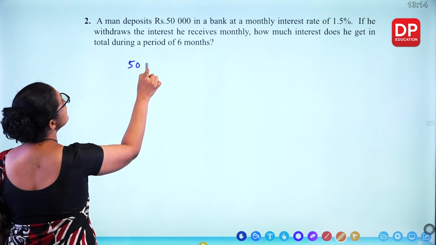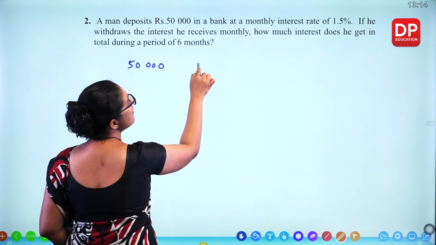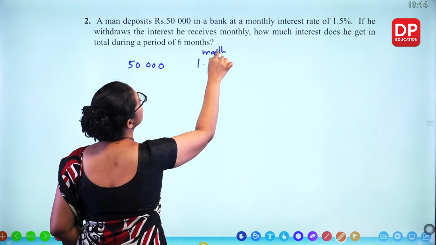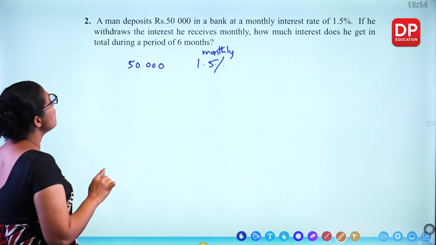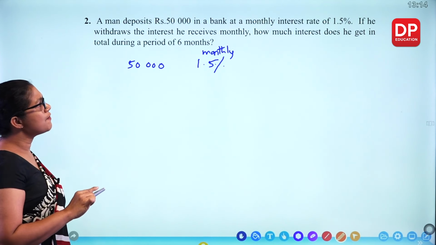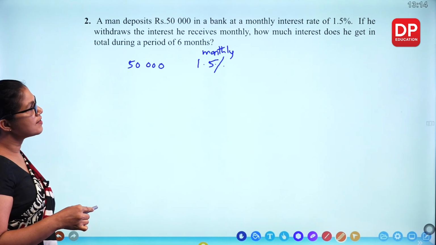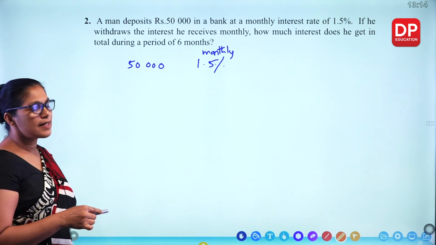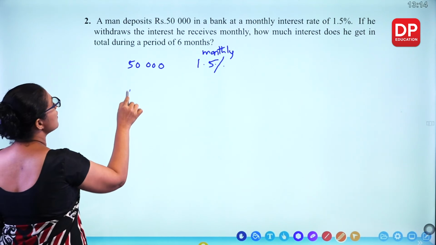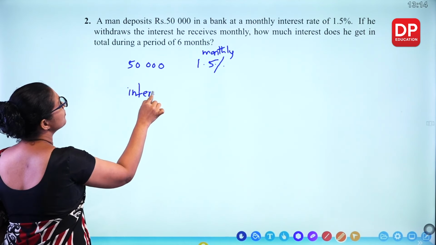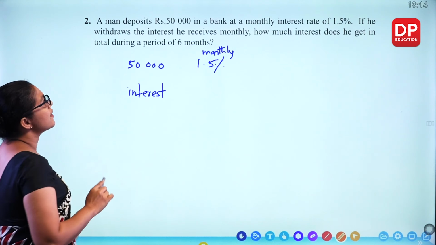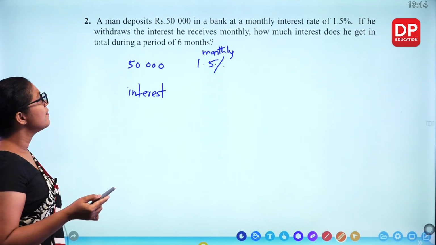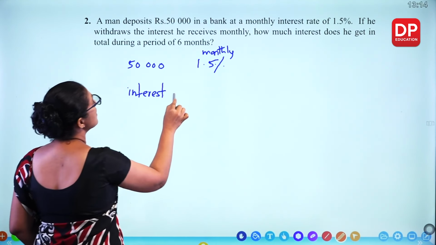Second question, a man deposits 50,000 rupees in a bank at a monthly interest rate of 1.5%. So the amount is 50,000, monthly rate is 1.5%. This is monthly rate. If he withdraws the interest he receives monthly, how much interest does he get in total during a period of 6 months? So we'll calculate the interest for 1 month and multiply by 6 to get the interest for 6 months.